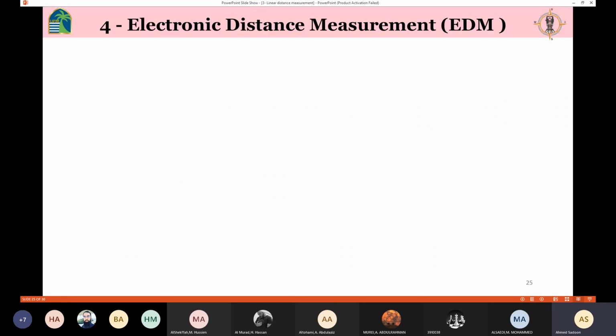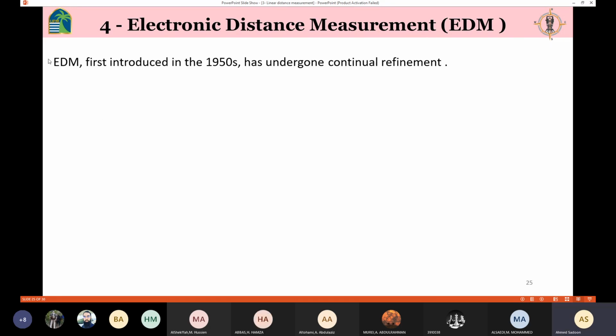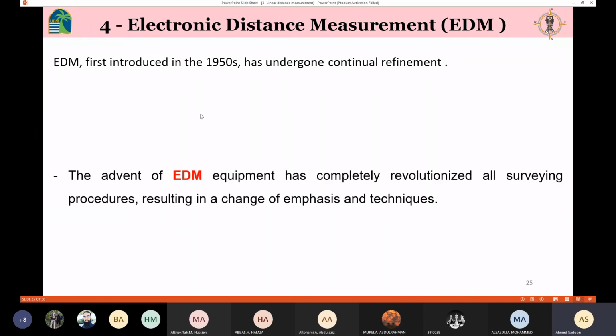So now we are going to talk about another method of measuring distances. We have the electronic distance measurement, EDM. The EDM was first introduced in the 1950s, and it has undergone continual refinement since it was introduced.